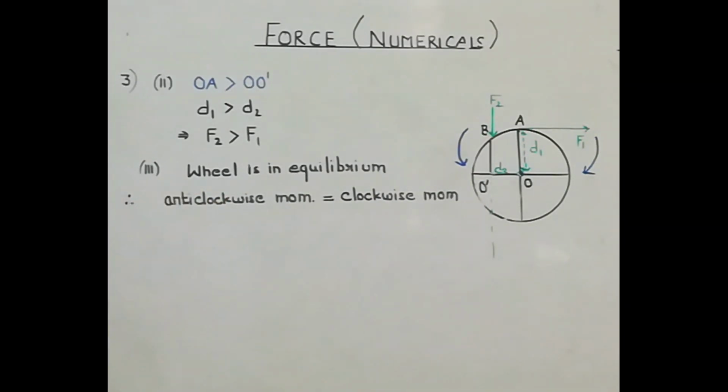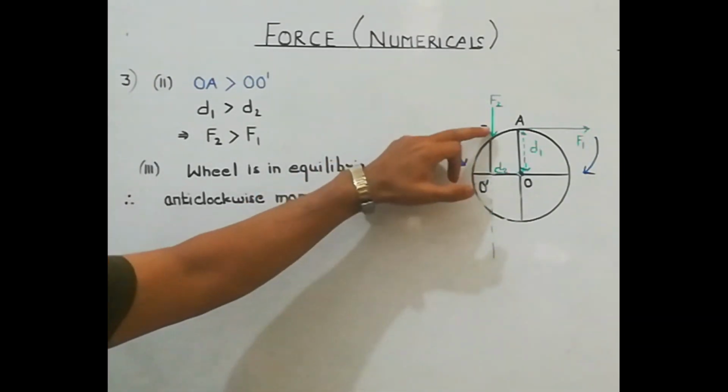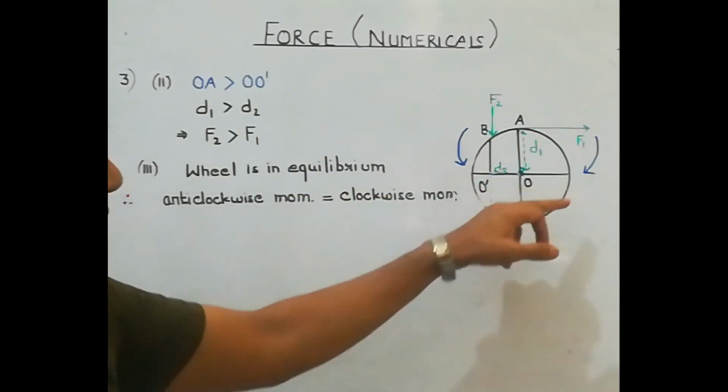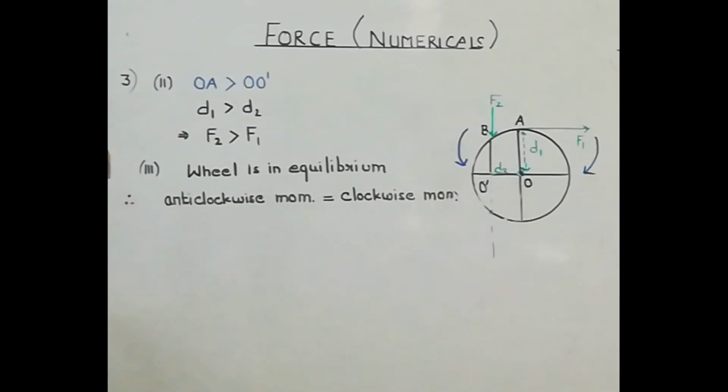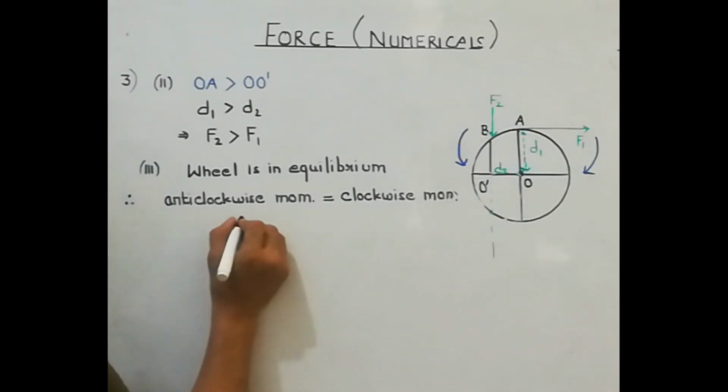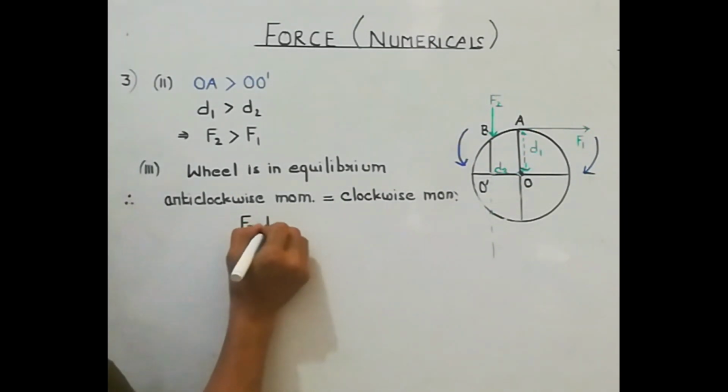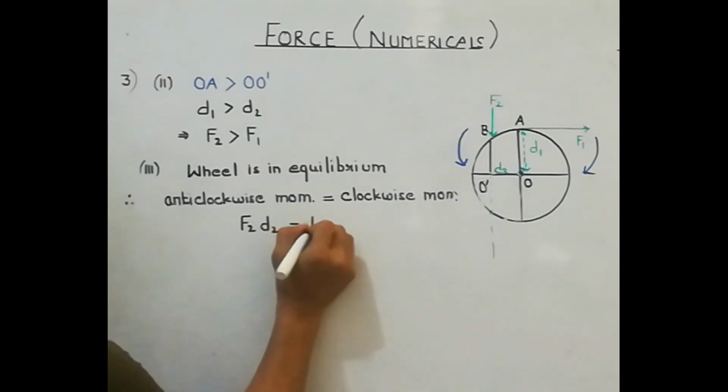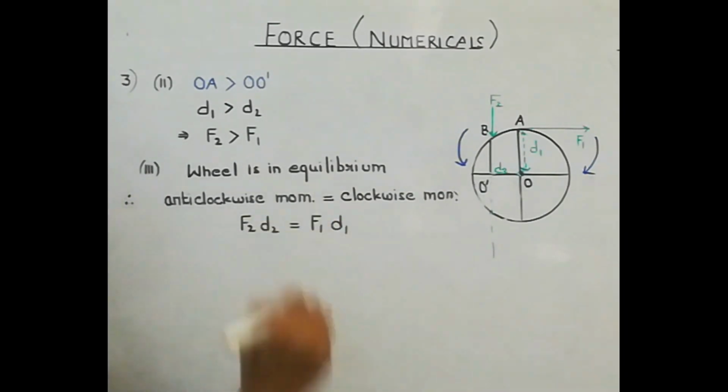This is by the principle of moments. Now here you can see F2 is producing anti-clockwise moment, whereas F1 is producing clockwise moment. So we can write F2 D2 is equal to F1 D1.